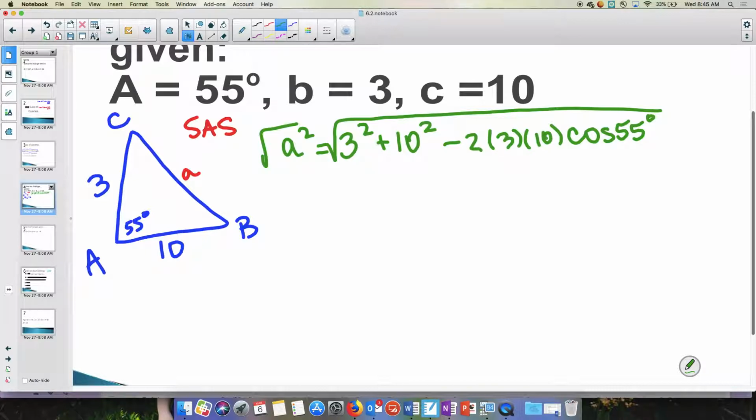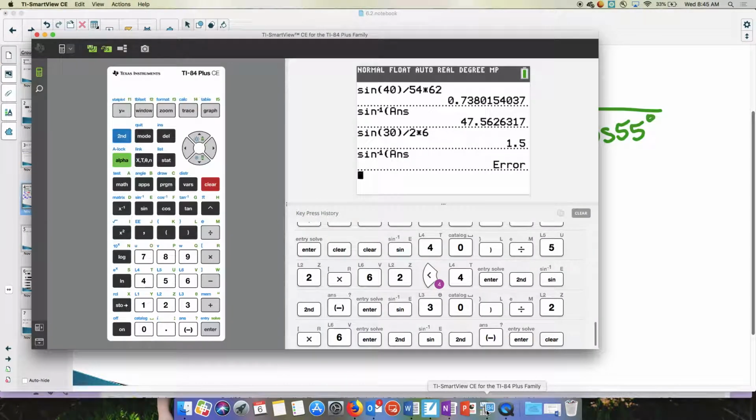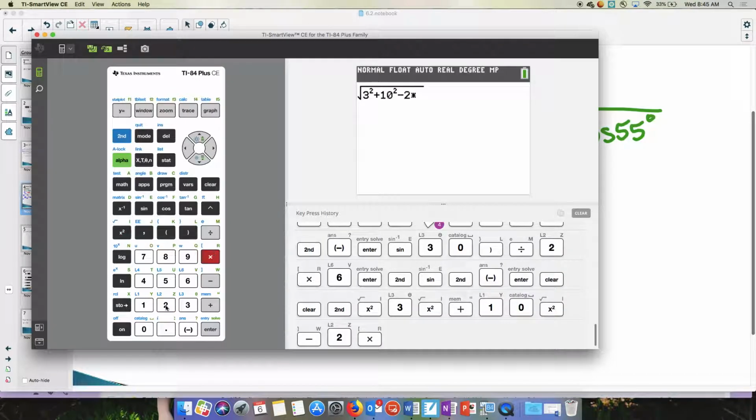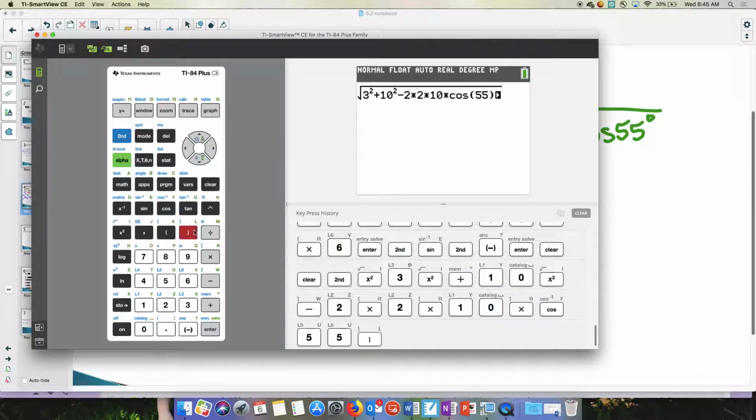So in your calculator, let's take the square root of, type it in exactly how you have it written down, 3 squared plus 10 squared minus 2 times 3 times 10 times the cosine of, was it 55? Thank you, Monique. Okay, like that.